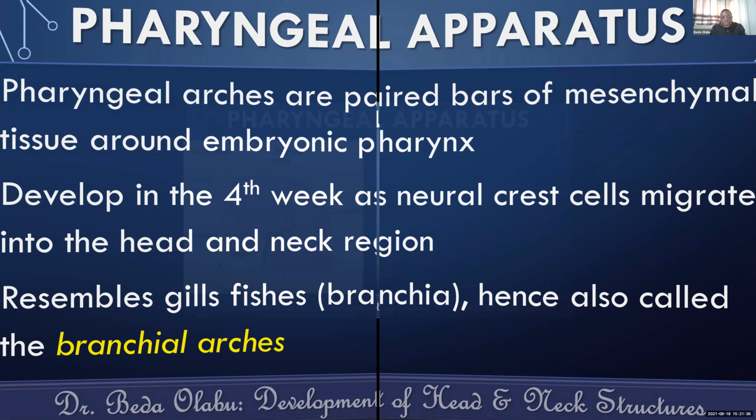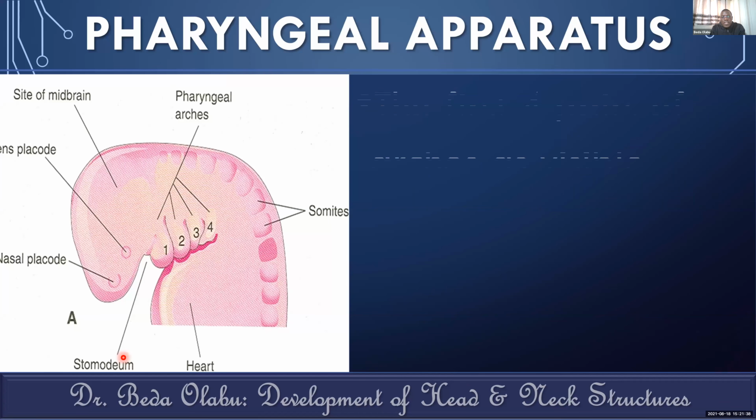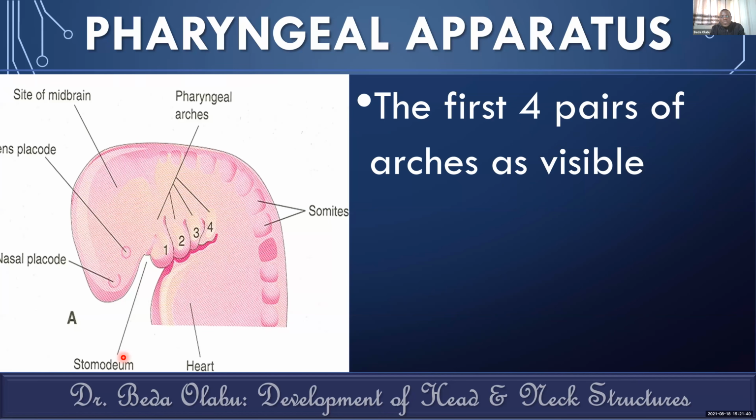Having said so, usually the first 4 pairs of arches are the ones which are definitely visible. And these first 4 pairs of arches are simply called the first arch, the second arch, the third arch, and the fourth pharyngeal arch.